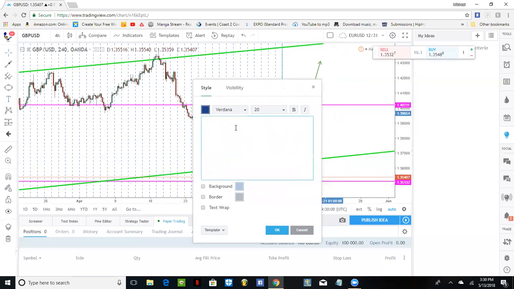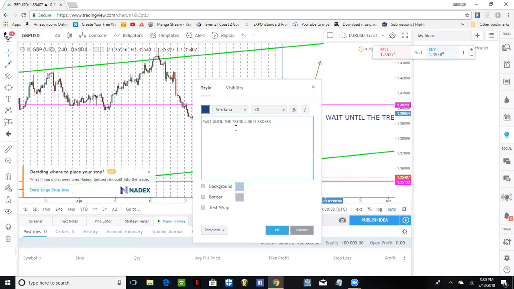Wait until the trend line or the support line is broken.